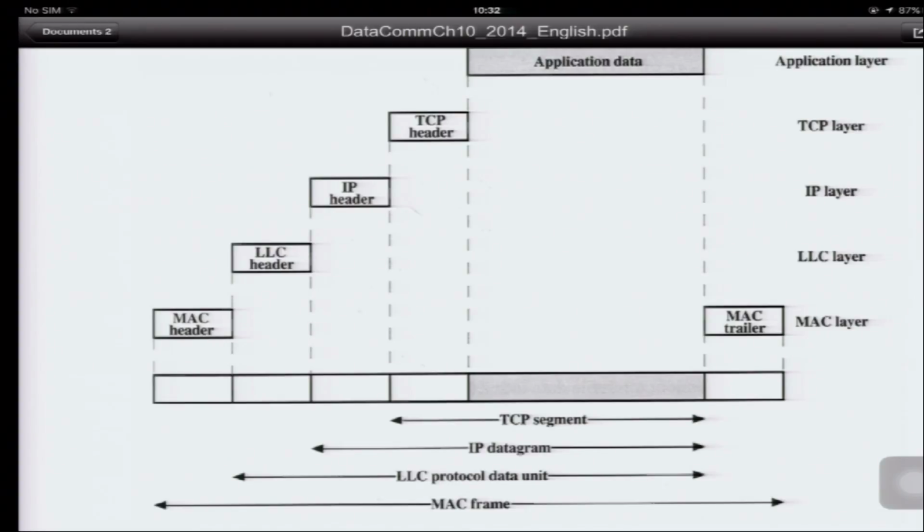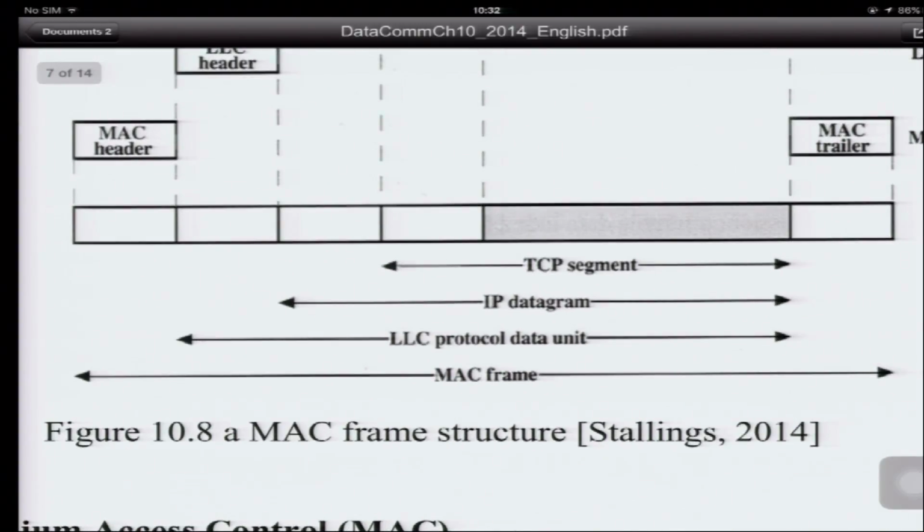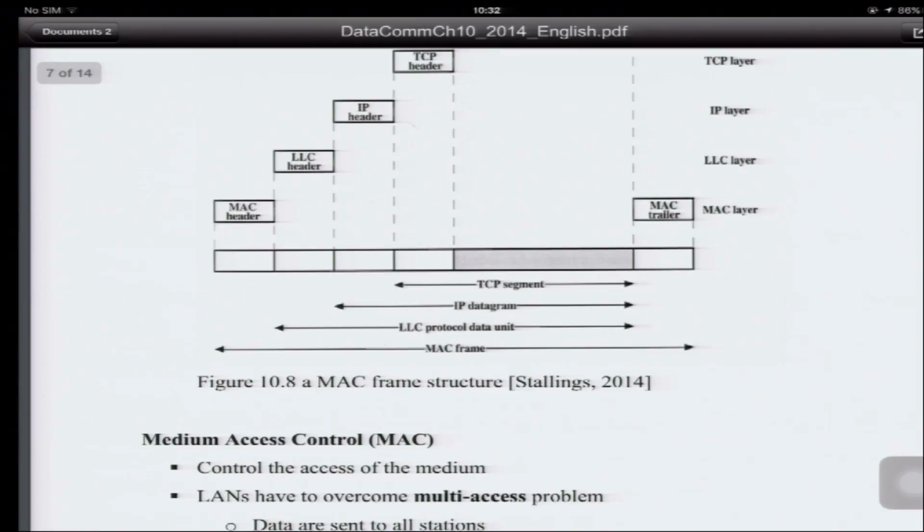It's just a different name at a different layer. When you add the LLC header, it becomes an LLC protocol data unit. Then you add the MAC header. In the MAC layer we add both the header and the trailer, the same as in the normal data link layer. So we call this a MAC frame. In the LAN we usually call it a frame.